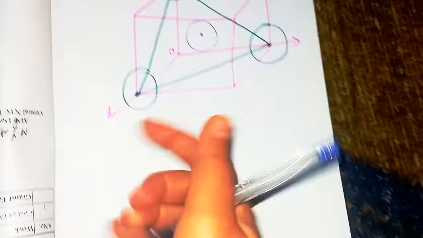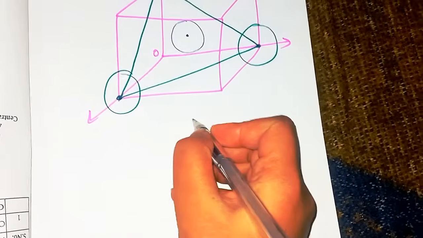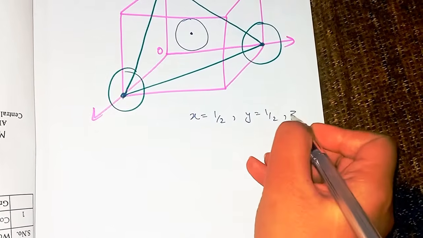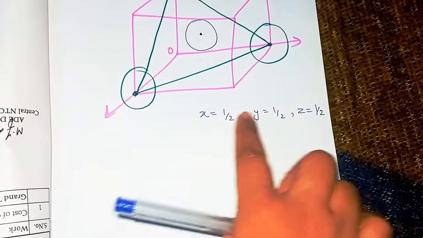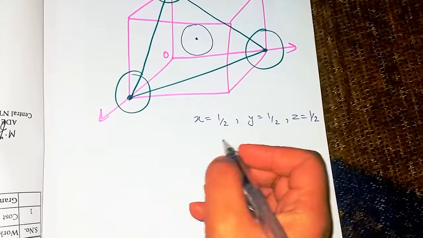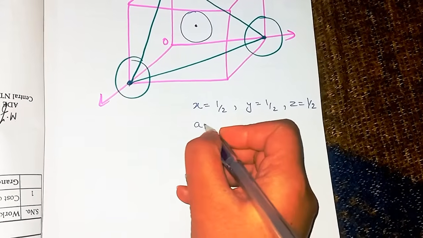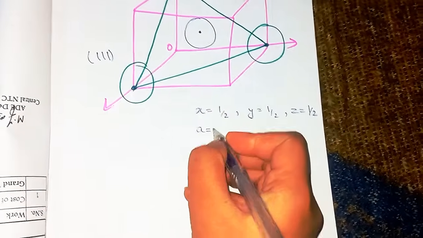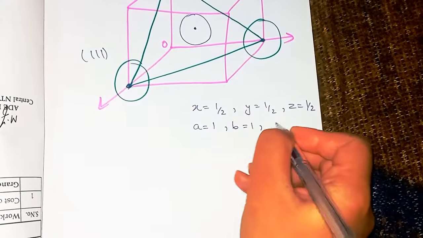All right, so let's do that, and we'll use this equation. Let's call it x equals 1 over 2, y equals 1 over 2 and z equals 1 over 2. These are the coordinates of the center of the body centered atom for which we want to make the inquiry, and we have these intercepts, and the plane was 1 1 1. So the intercepts were these.